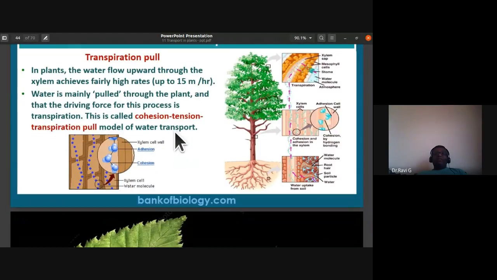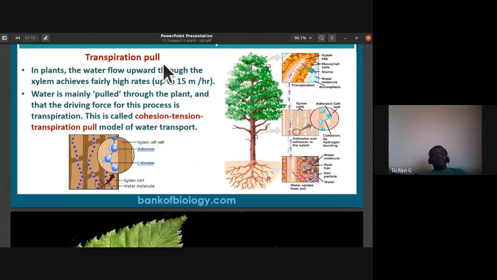The next theory that we'll study is the transpirational pull theory or cohesion tension theory. This was put forth by two scientists, Dixon and Joly. They have not mentioned it here, but you remember it for CET or for your NEET examination. They might ask such questions.